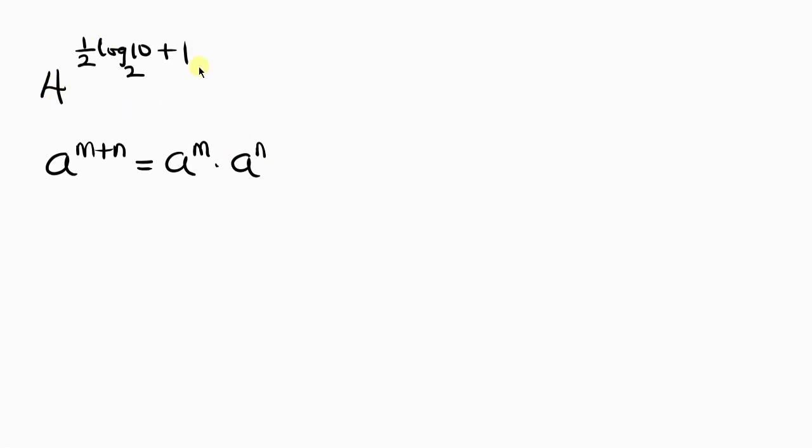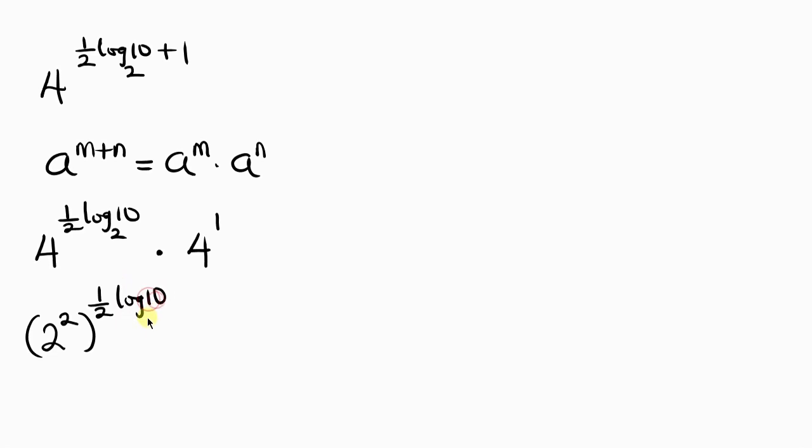That means this expression will be 4 to the 1 over 2 log 10 base 2 and then times 4 to the 1. Very good. And we all know that 4 is same as 2 squared. Very good. And this is raised to the 1 over 2 log 10 base 2 times 4 to the 1 is 4.